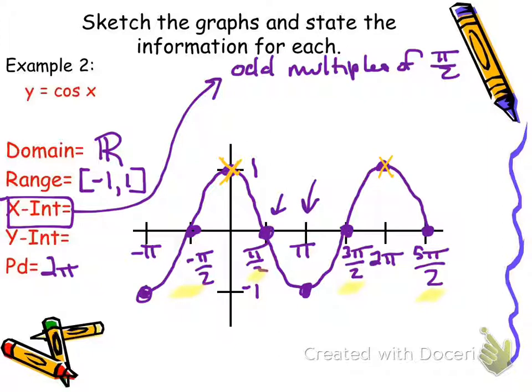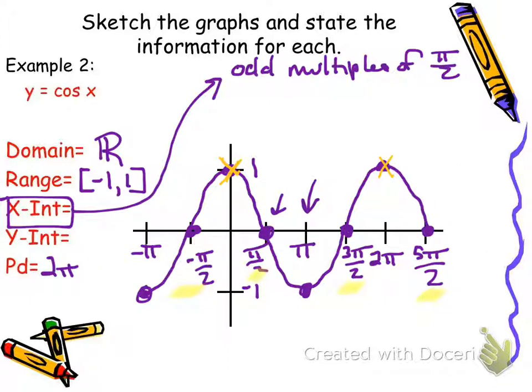How can you describe the odd integers? Aren't they the even integers plus 1? All right. 2 plus 1 is 3. 4 plus 1 is 5.